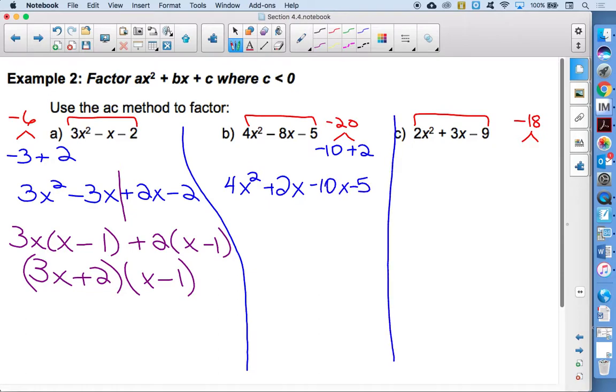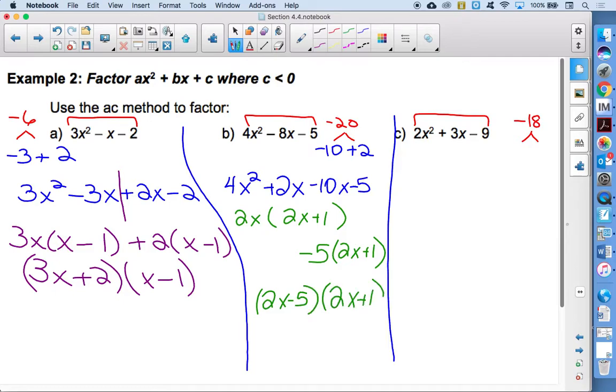And what would you pull out of 4x squared plus 2x? 2x. And what do you have left? 2x plus 1. And then the second set, negative 5, and you also have 2x plus 1. Awesome. So your answer, we have a 2x and a minus 5, and then the parenthesis is 2x plus 1. Any questions with that one?